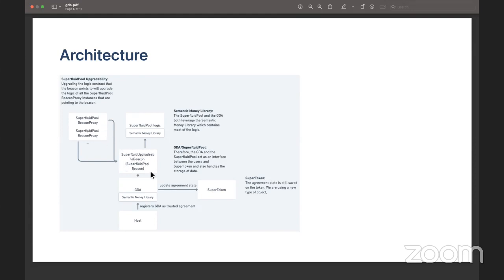So whenever you upgrade or update the Superfluid pool logic contract and point this to a new logic contract, let's say, all of these will see that change. Is it possible to later point a specific instance to a different one? Or is that road closed by using the beacon?